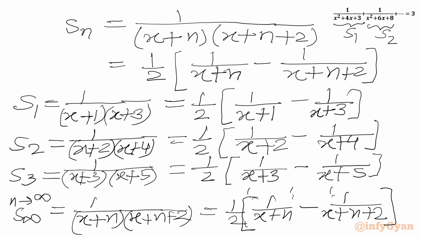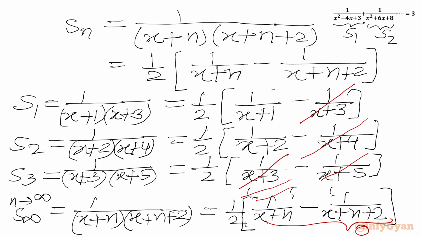Now we will sum up all the S1, S2, S3 up to infinity. So we can cancel 1 over x plus 3 with minus 1 over x plus 3. Minus 1 over x plus 4 will cancel out with the term 1 over x plus 4, which will be there for S4. Similarly, this term will get over with another term. Last S infinity is 0.